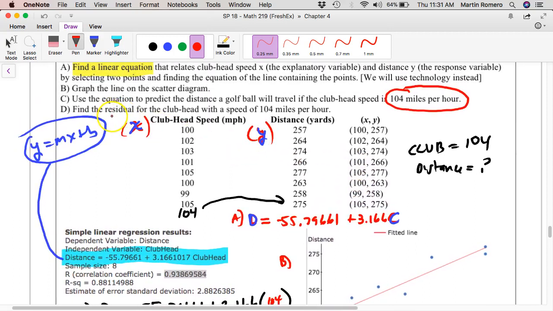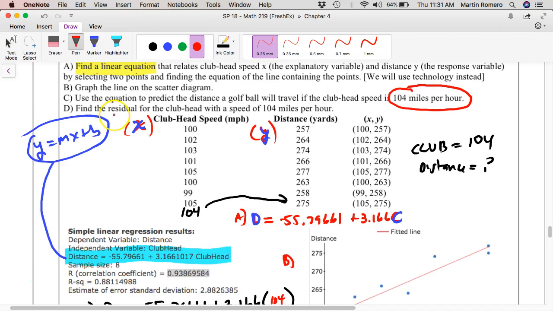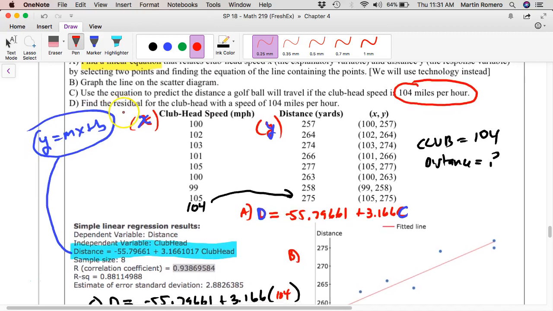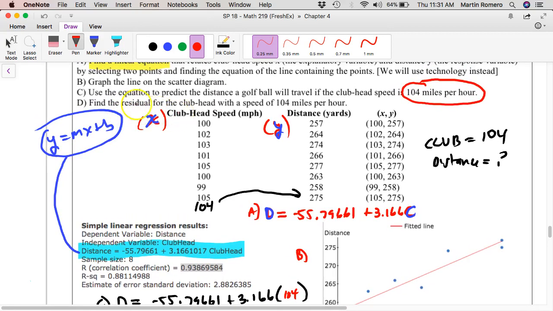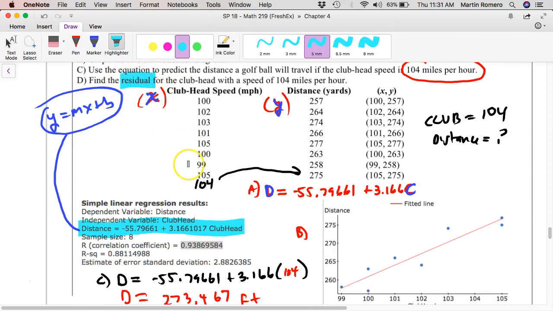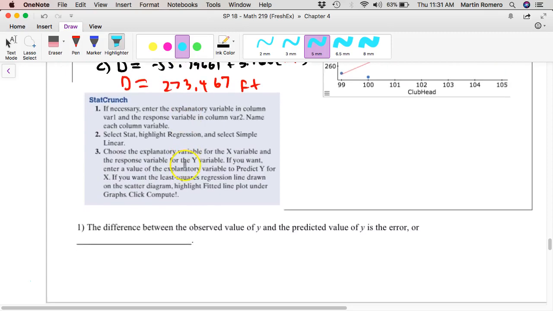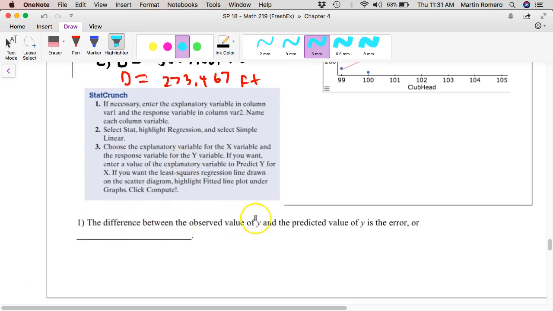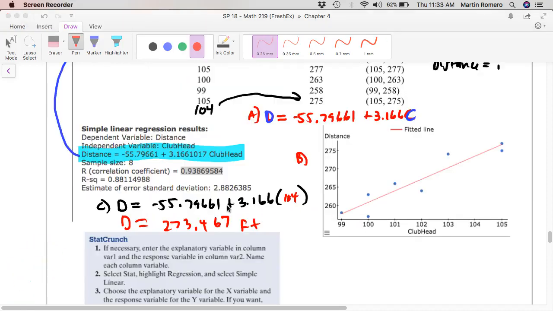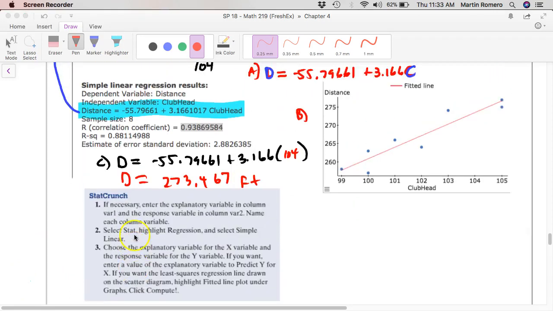Now with that in mind, we would answer the next question, which is find the residual. That's a new term that we need to define real quick. The residual is the difference between the observed value of y and the predicted value of y; it is the error. So make sure you get that in there.